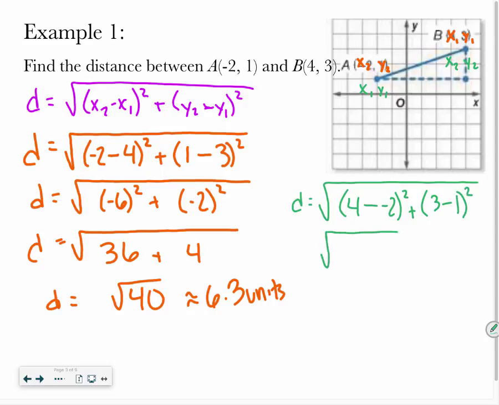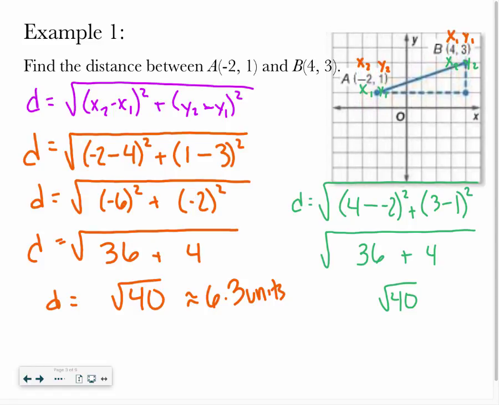So we have 4 minus negative 2, that becomes 6 squared, or 36, plus 3 minus 1 is 2, 2 squared is 4, so I end up at the square root of 40. So you can see it doesn't matter which one you assign x1 and x2, as long as you are consistent.